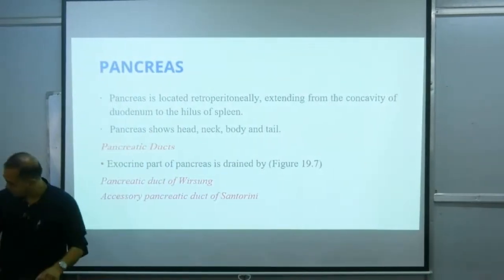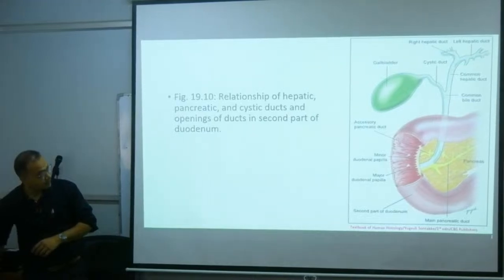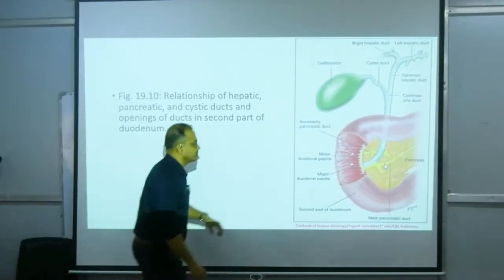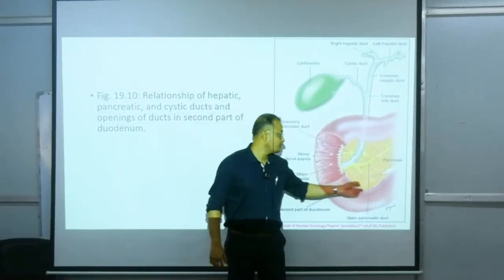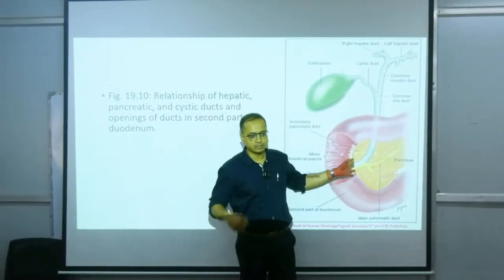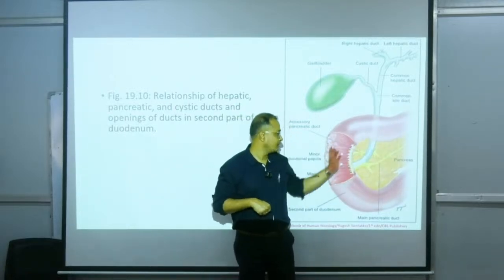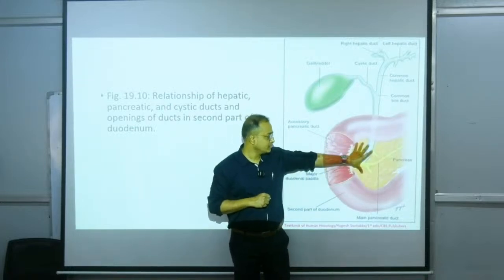Now, in this picture of the pancreas, this region is the head of the pancreas, which pushes towards the duodenum. This is the second, third and fourth part of the duodenum, into which the pancreatic head is incorporated, like a fist put inside the circular loop of the duodenum. This is the head end.